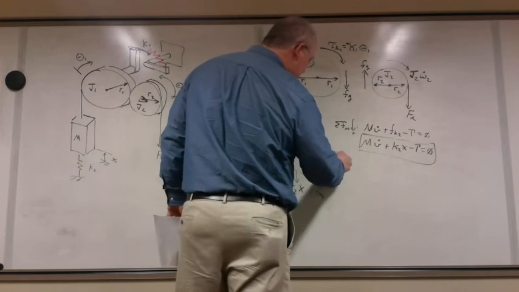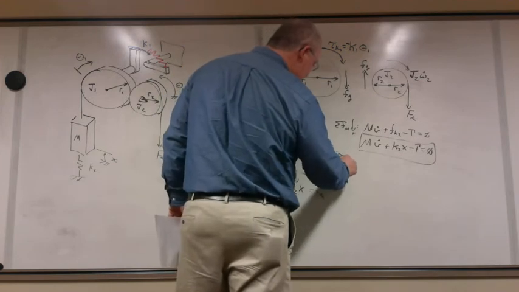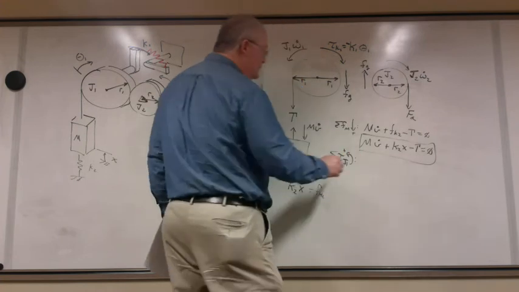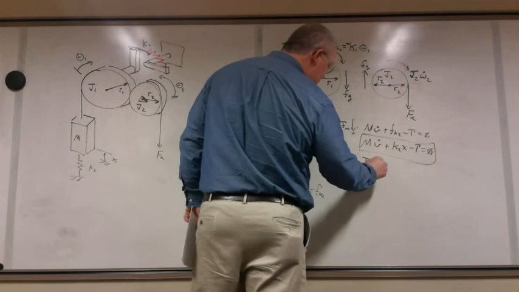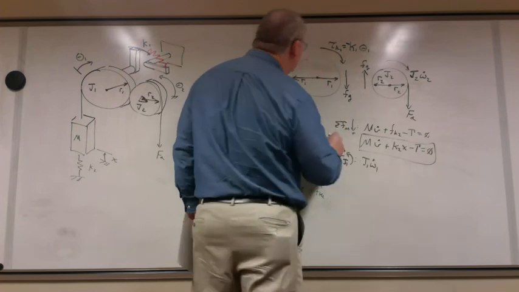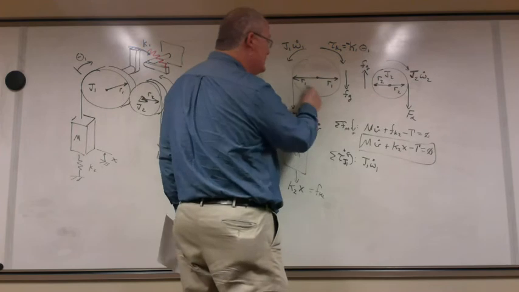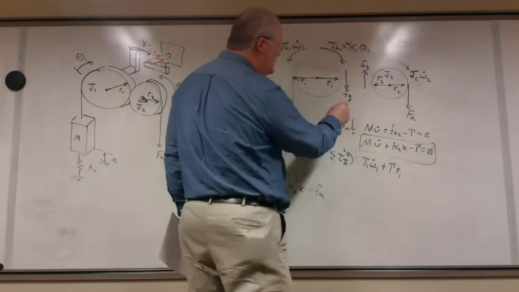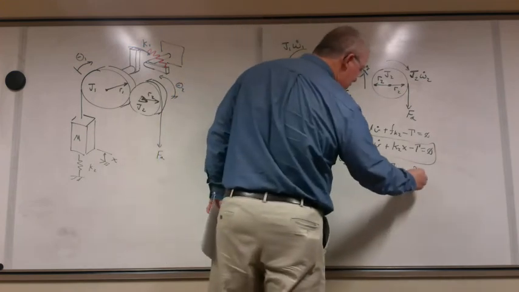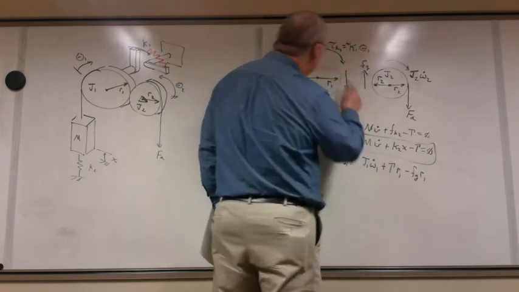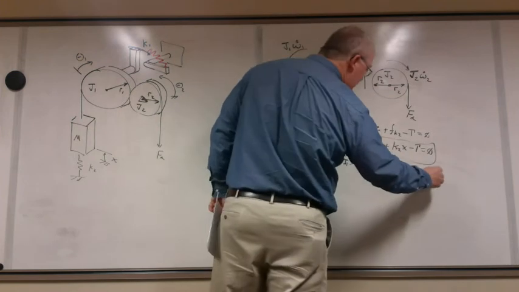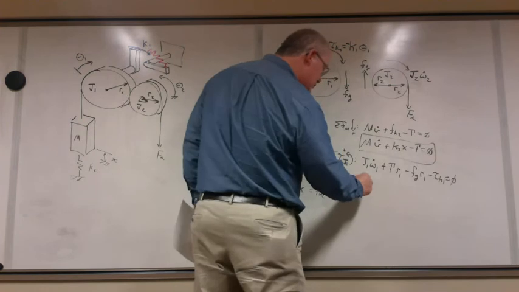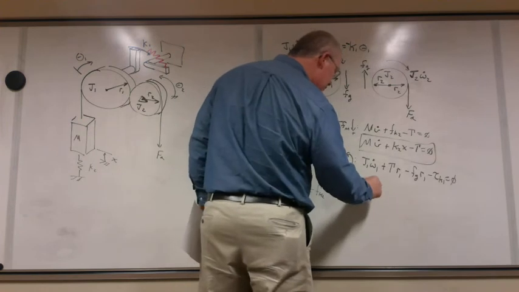So the sum of the torques, J1, positive counterclockwise: I have a J1 omega 1 dot, plus T times R1, minus FG R1, and minus tau K1, is all equal to 0.